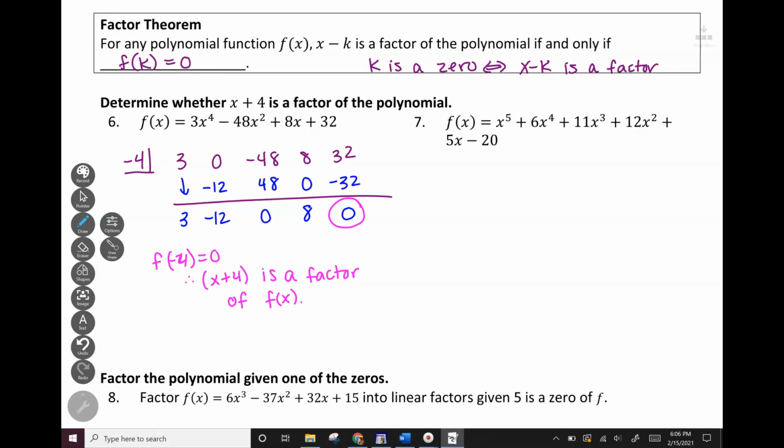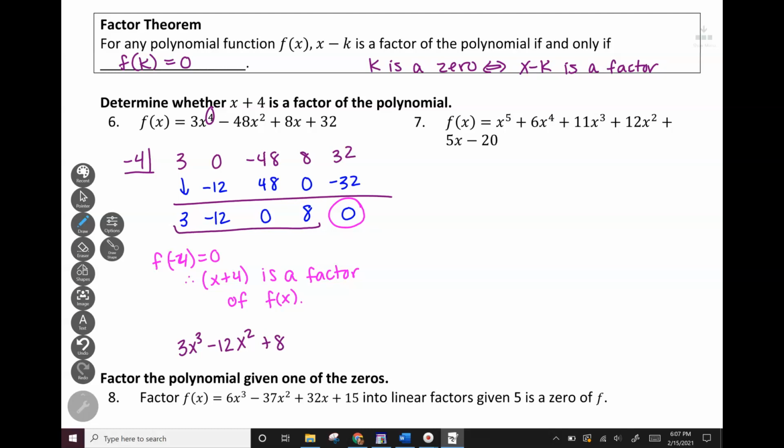And we also know a couple of other things. When we did synthetic division in 5.4, these are your new coefficients, plus your remainder. If the remainder is 0, then when I divide out the x plus 4, what I actually get is 3x cubed, going down by 1 degree, minus 12x squared, plus 0x, I don't need that, plus 8.